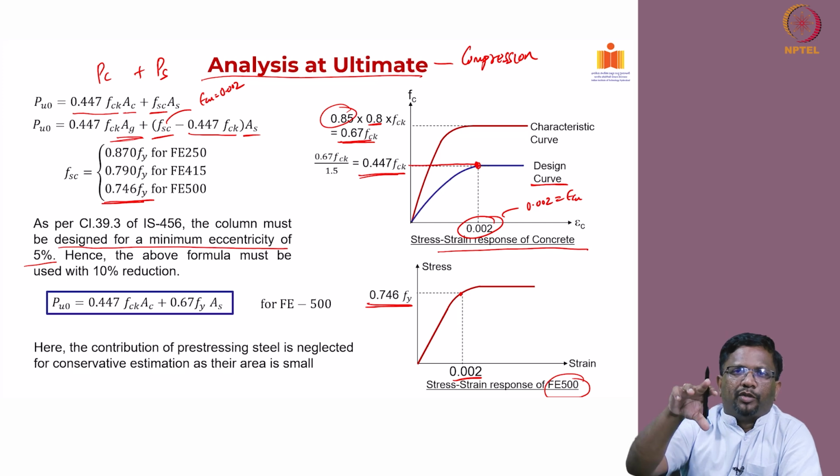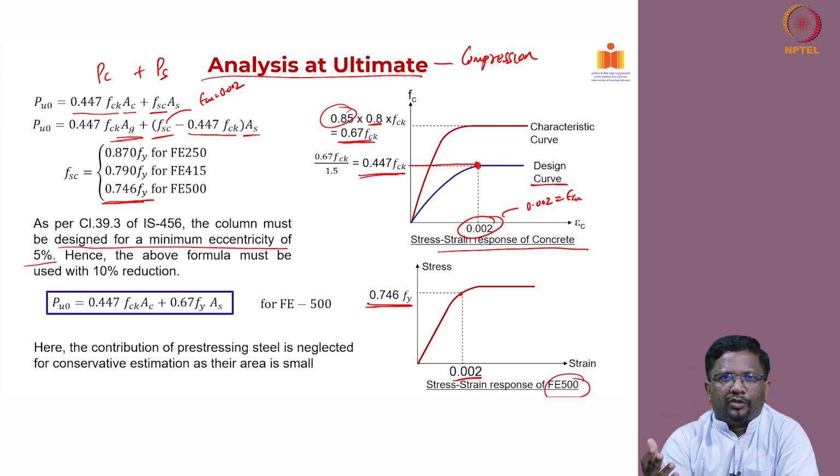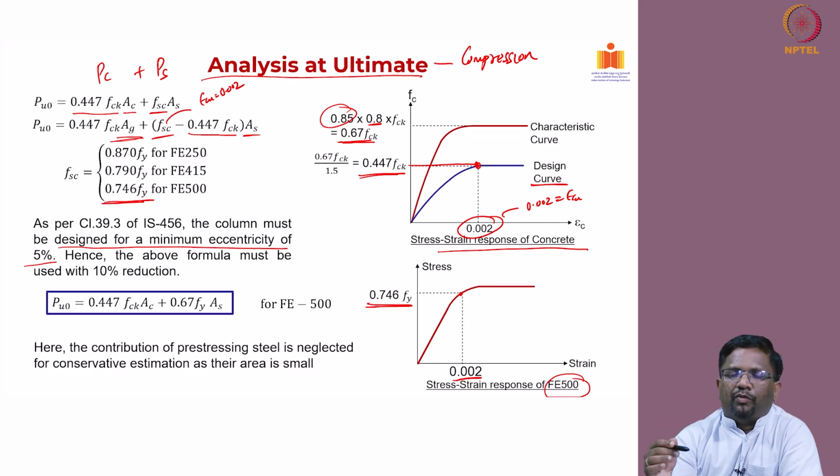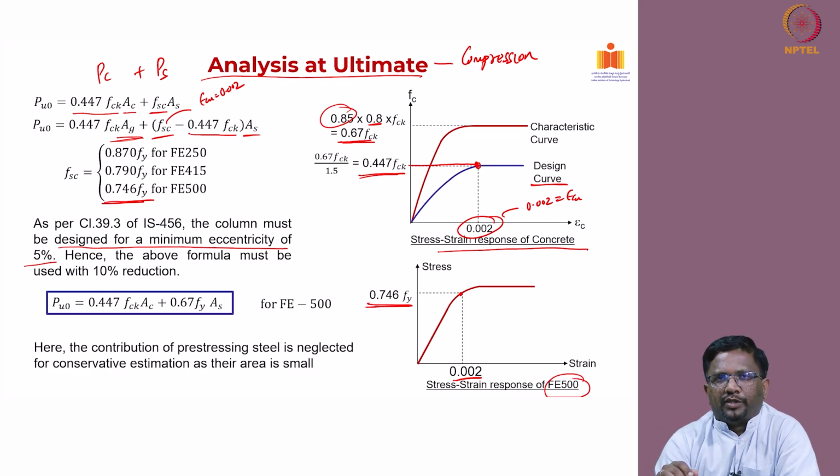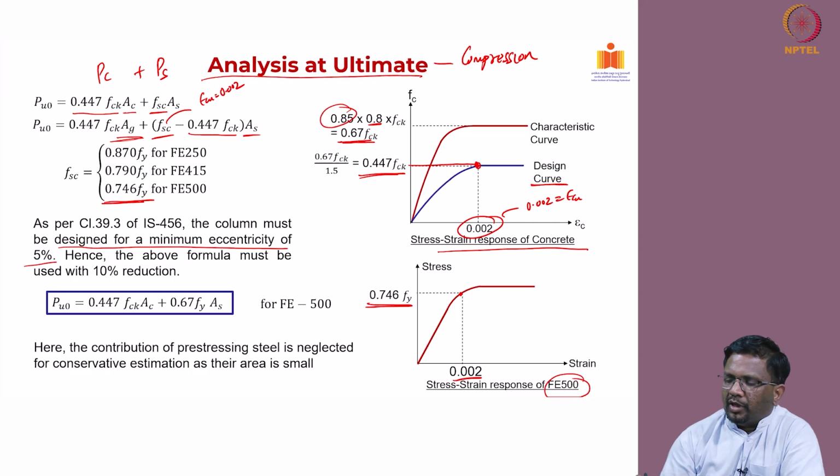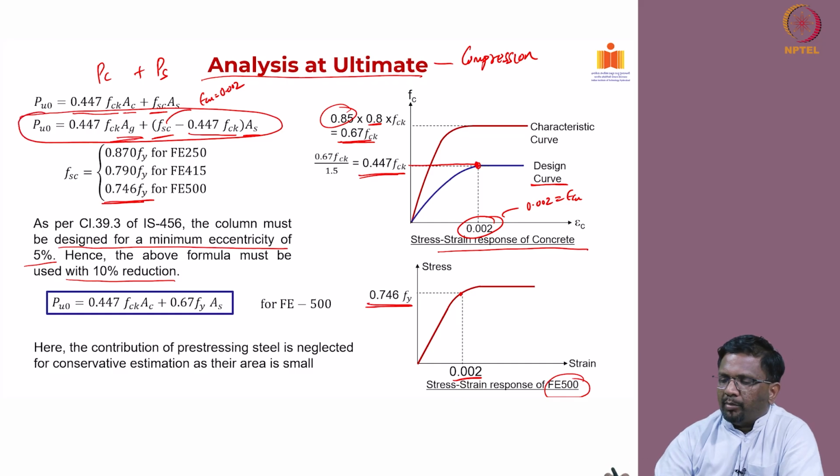That means a member will be subjected to axial load plus bending moment, sometimes shear also. So, the code is saying that because you cannot always ensure pure axial load, you need to apply a 10% reduction. So I take this formula and multiply it by 0.9.